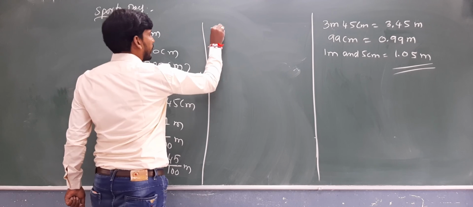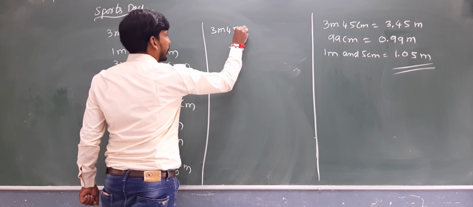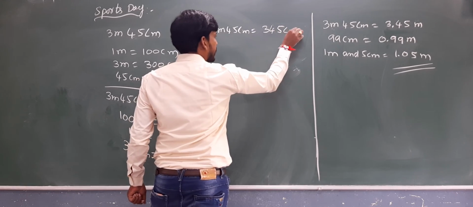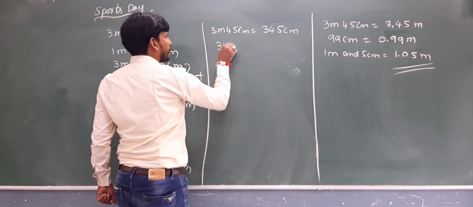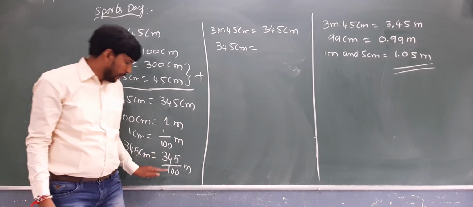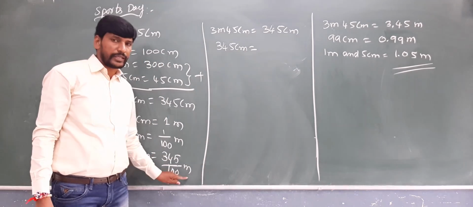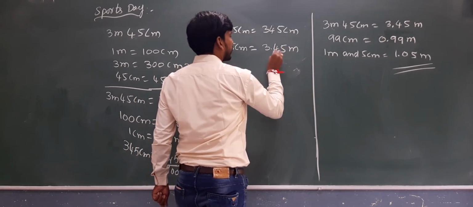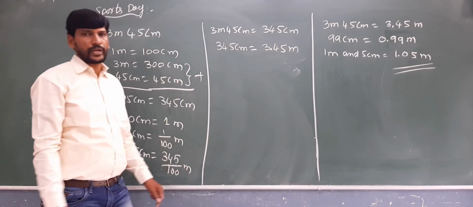That is, 3 meters 45 centimeters is equal to 345 centimeters, which is equal to 345 by 100 meters, that is 3.45 meters. Clear everyone? I hope you understood that.